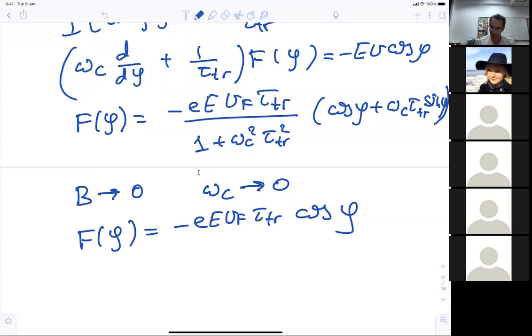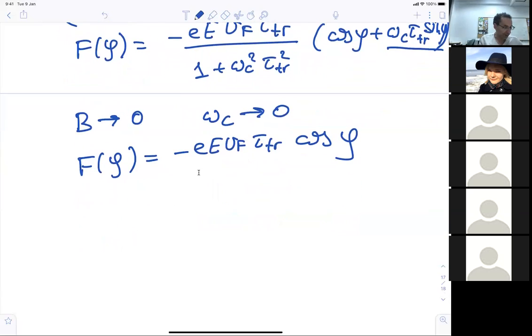This harmonic is an even function of phi, and conductivity in this case will be a diagonal tensor. So if the electric field is in the x direction, current will flow in the x direction, and there will be no current flowing in the y direction. However, for a finite value of the magnetic field, we have an addition to the distribution function. It's also proportional to the first harmonic, it's sine phi, but this is an odd function of the angle.